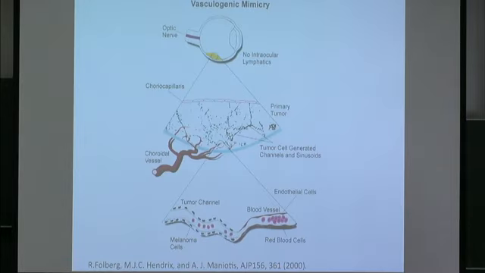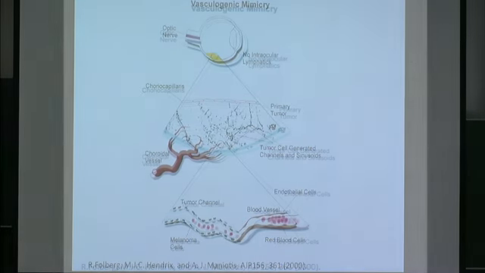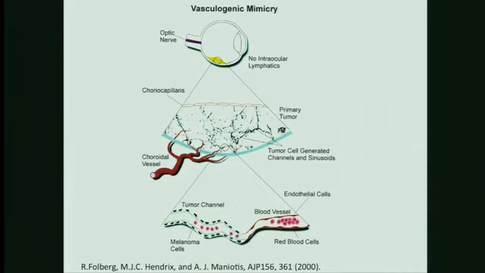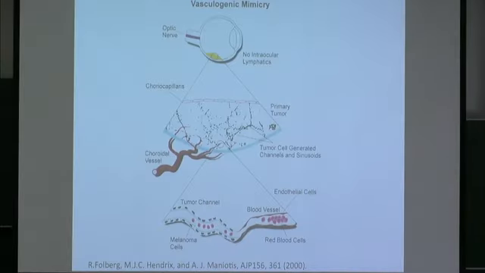In some work by Folberg and people later, in a tumor of the eye, they found channels in the tumor generated actually by tumor stem cells, which was shown 5 years later by another group, and they connect to the choroidal vessels which have been there before.